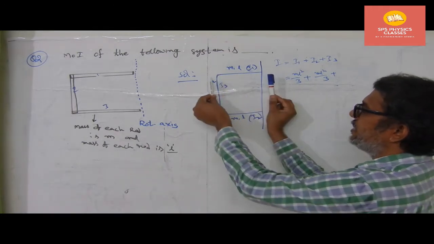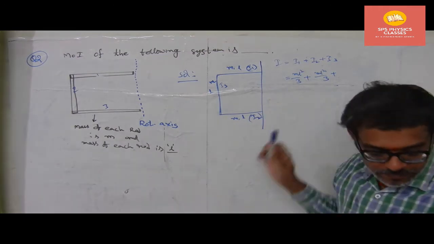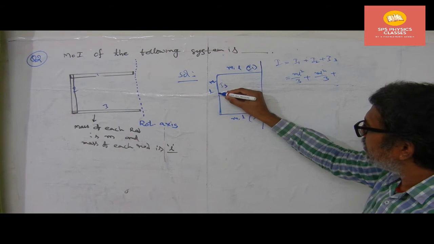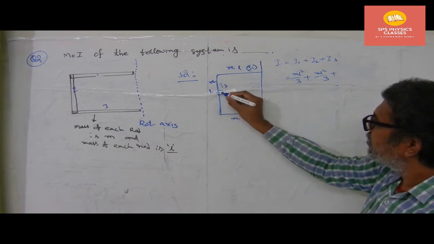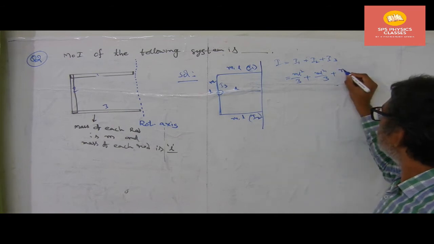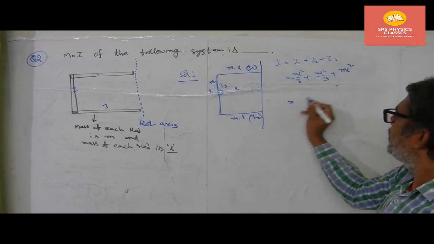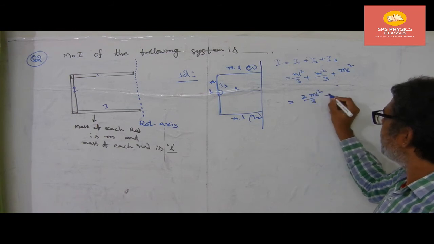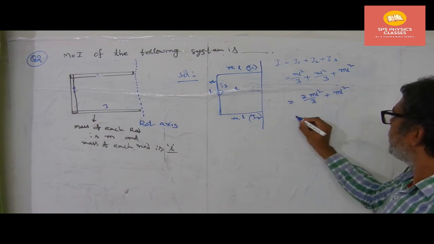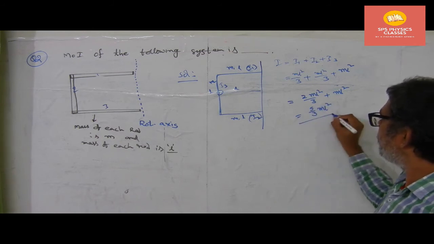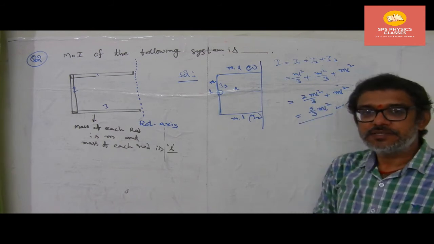Under such a condition, the center of mass of the rod is at this location, at a perpendicular distance of L. Therefore, you can write mL square, which gives 2 mL square by 3 plus mL square. Therefore, 5 by 3 mL square. This is the right answer for the problem.